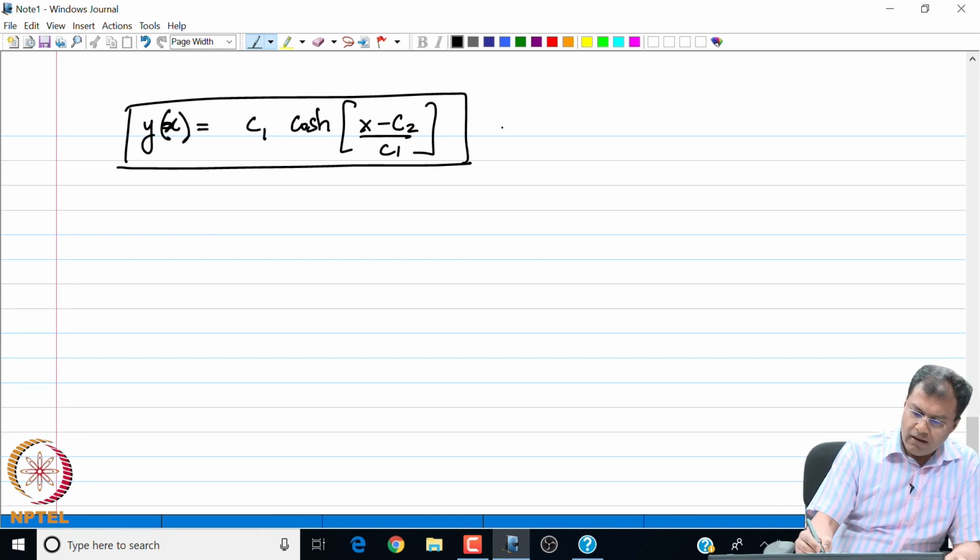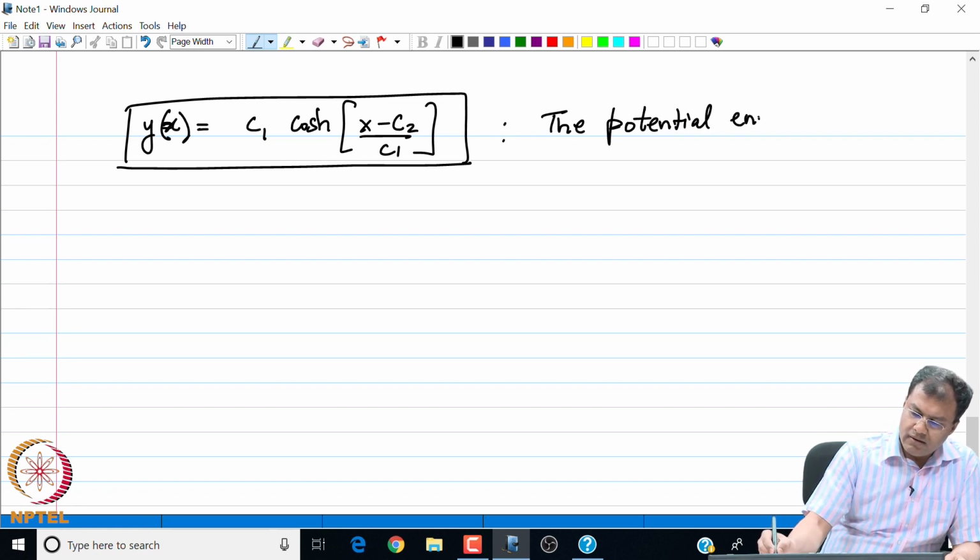And if we recall, in this catenary problem, we are trying to minimize the potential energy of the cable. So, it turns out that if the cable has this shape of a cos hyperbolic function, then the potential energy of the cable, which was represented by the functional, is minimum.